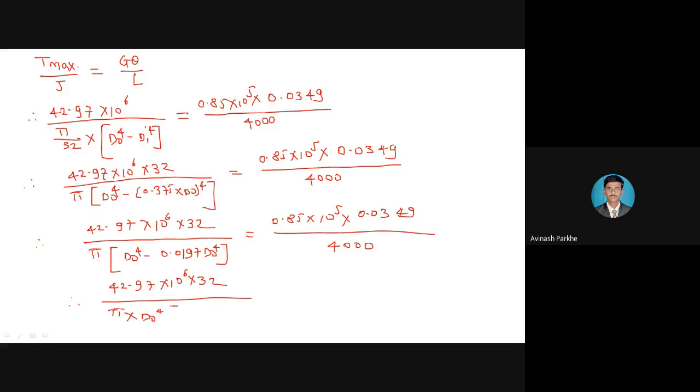I can take outside the bracket, inside the bracket 1 minus 0.0197, bracket complete, is equal to this term. Take the do raised to 4 at one side and you will get the simplified term.